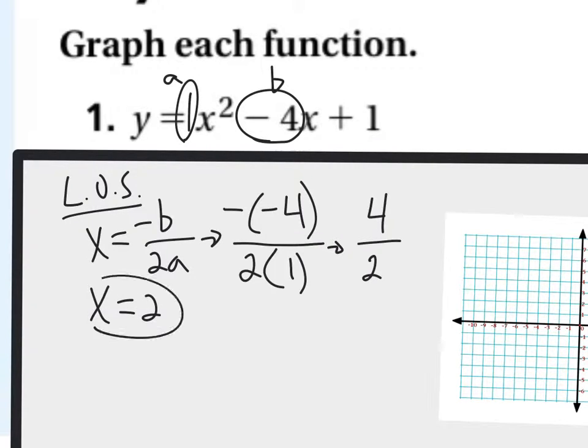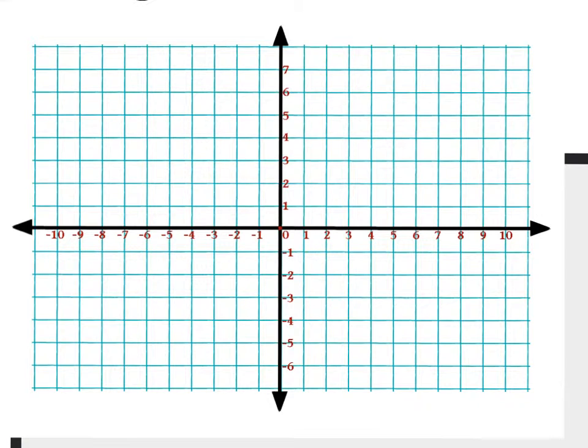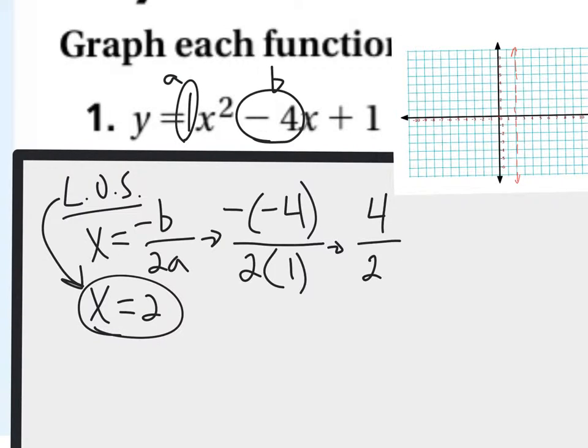So x equals 2 is going to be our line of symmetry, or our axis of symmetry. And again, we can go ahead and draw that in if you want. Normally we'll draw that in as a dotted line. So we can see it's not actually part of the line, it's just helping us find our points on the line. So that's our line of symmetry.